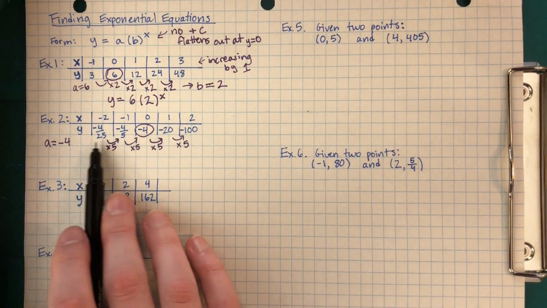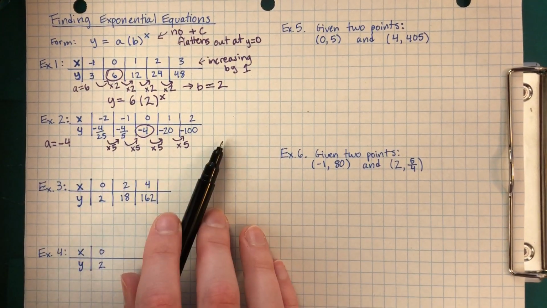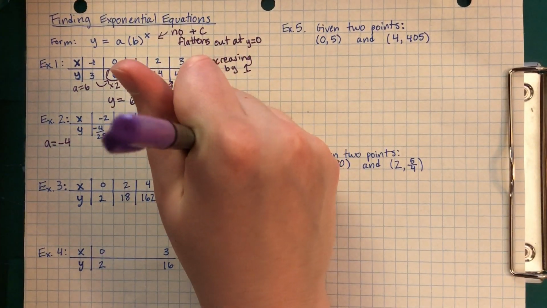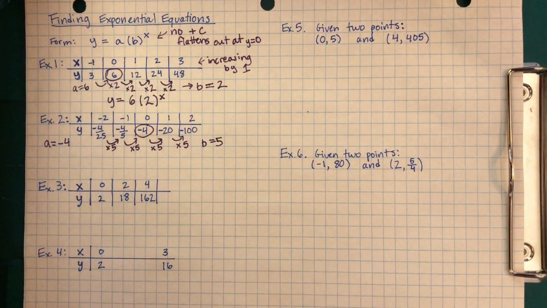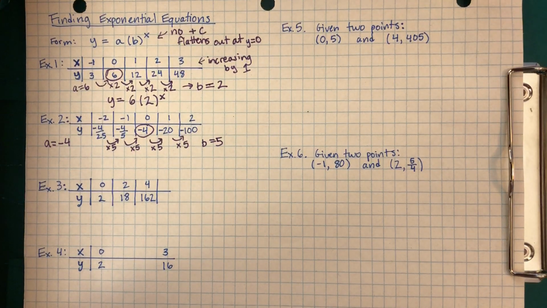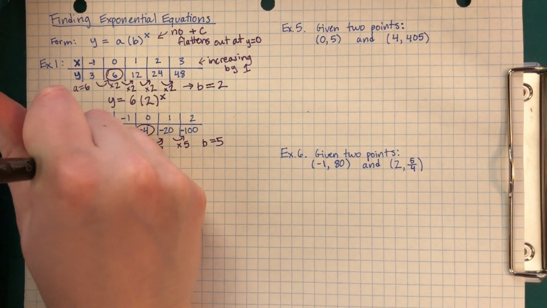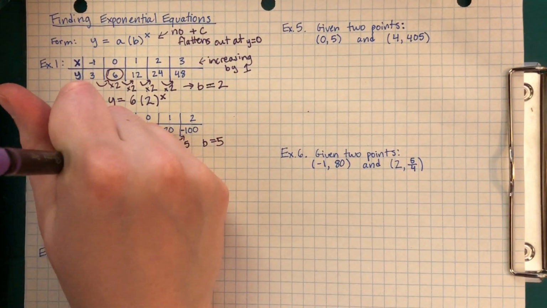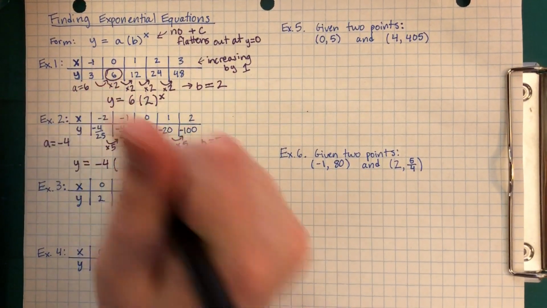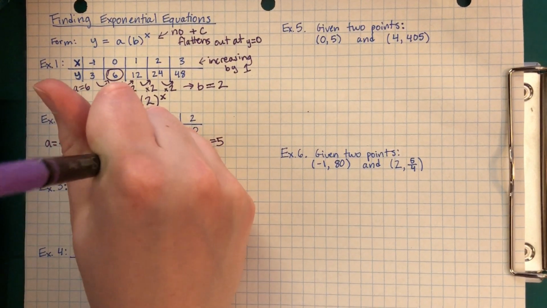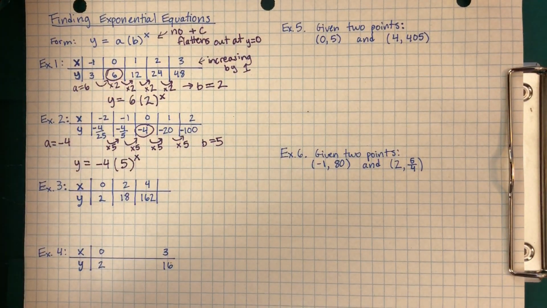So each time I'm moving to the right, I'm multiplying by 5. Okay, so that means that B equals 5. So then what would the equation be? It would be y equals A, which is -4, times B, which is 5, to the x. There we go.